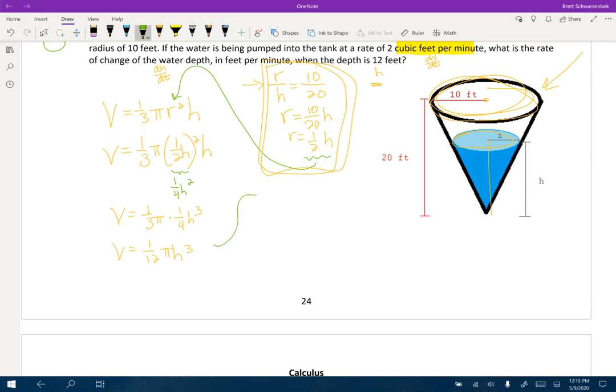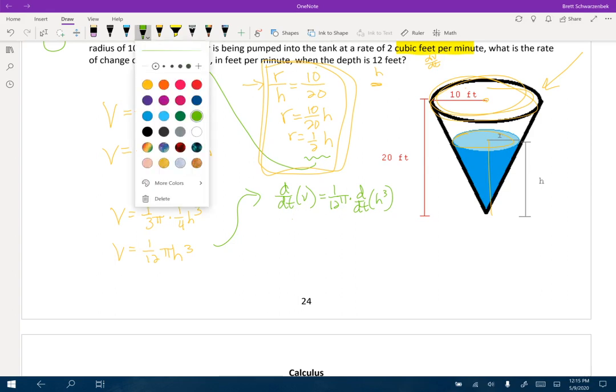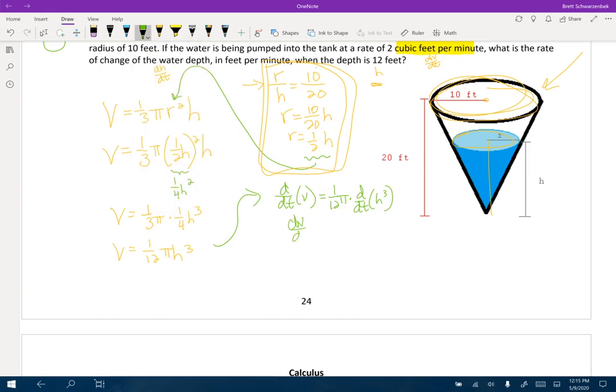So d dt of v equals, we're going to take our 1/12 pi, which is a constant, move it over, and we're taking d dt of h cubed. So what does that look like? So dv dt is equal to 1/12 pi. We're going to get 3h squared times dh dt.